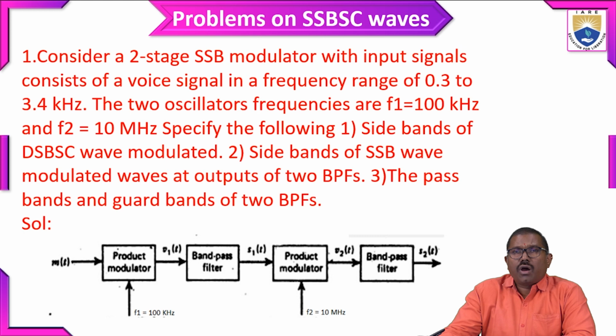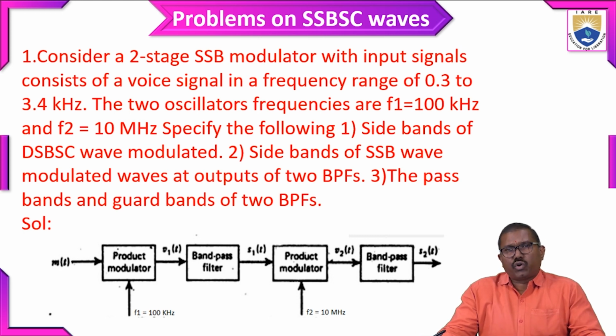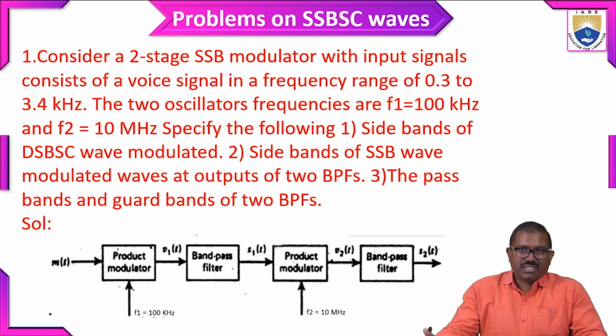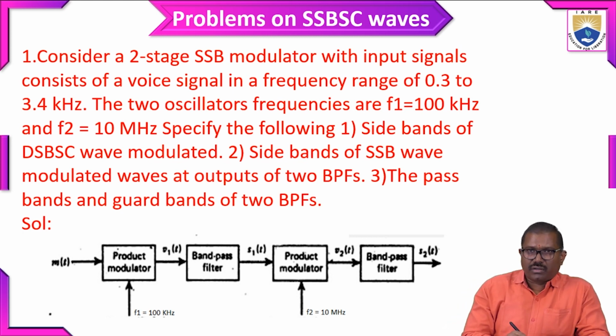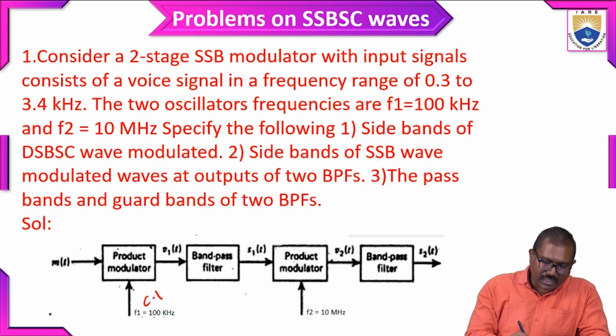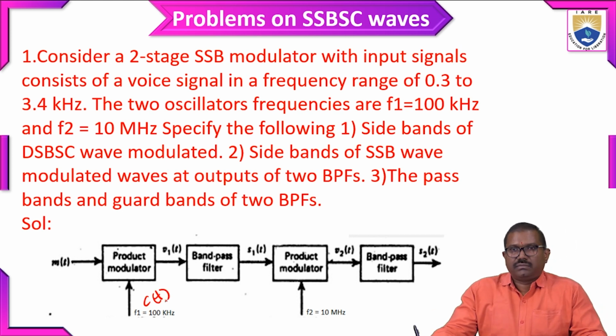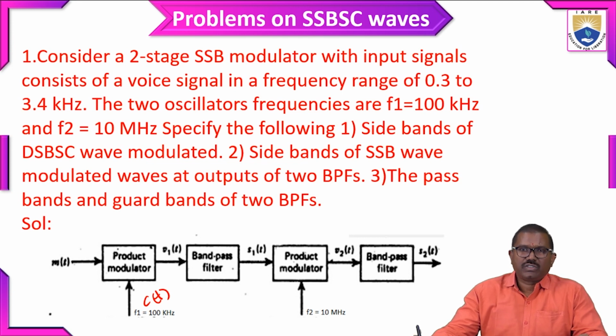We know how to generate DSB. DSB-SC is nothing but multiplying the message signal with the carrier. Here F1 is one of the carriers. Just multiply these two signals, m(t) and c(t).